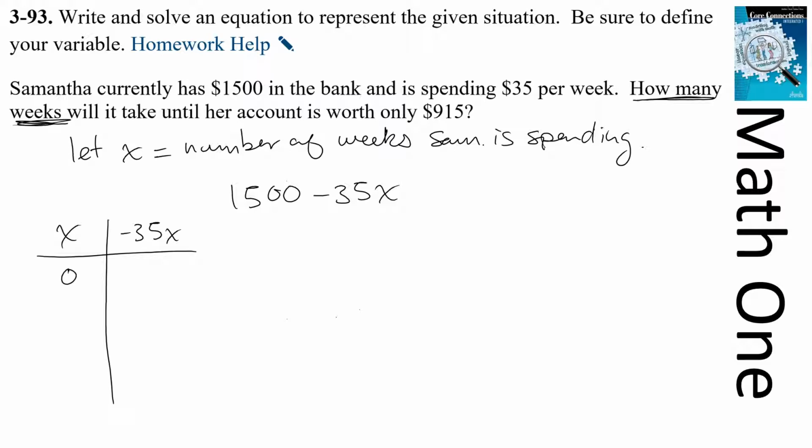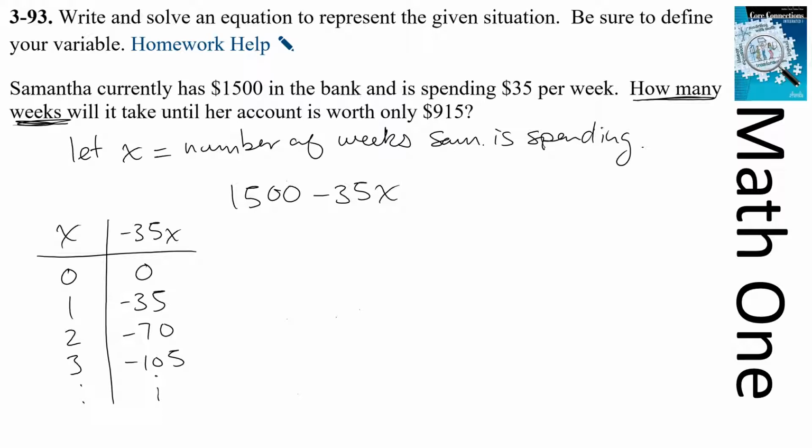So after 0 weeks, my account has gone down by $0, so it's still at $1,500. After 1 week, it's gone down by $35. After 2 weeks, my account has decreased by $70. After 3 weeks, it goes down another $35, so it goes down by 105. So by multiplying x times negative 35, I'm able to track how much is being deducted from my account.